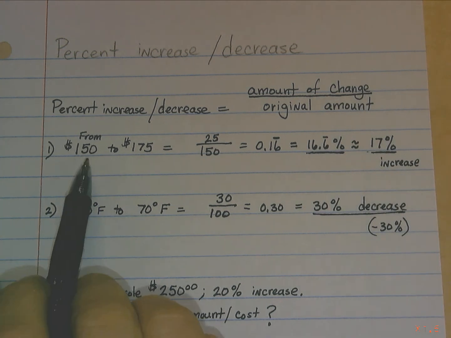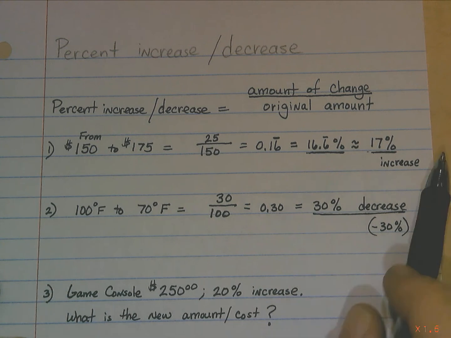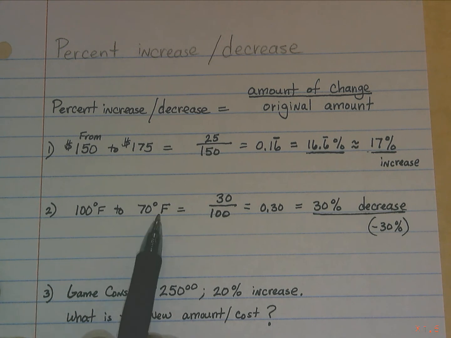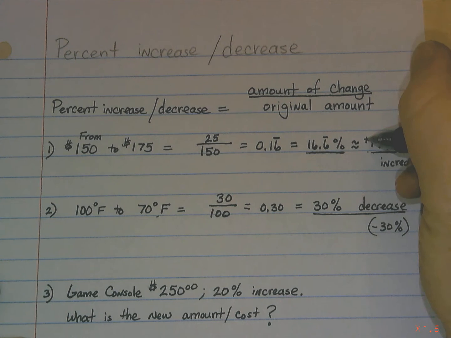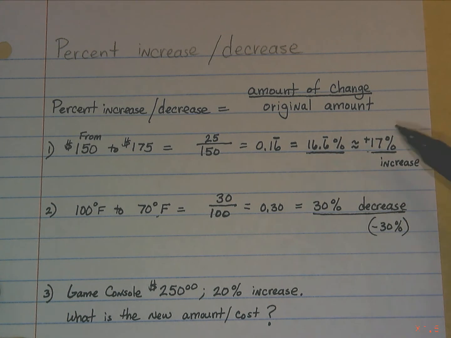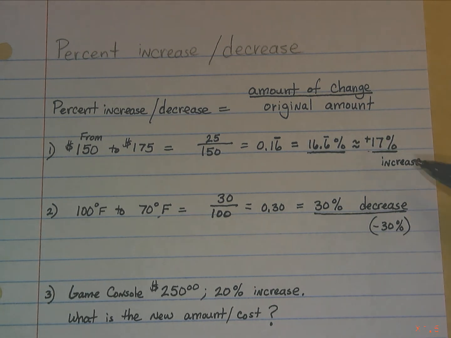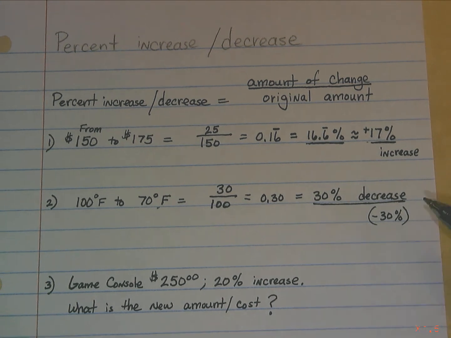It goes from 150 to 175, so it goes up, it's an increase. This goes down, so it's a decrease. I don't know if you want to do plus 17%, you can, to show that it's an increase. But either or, as long as you have some kind of notation there that goes up 17% and that goes down 30%, you can do it with the little word of increase, decrease, or the actual sign.